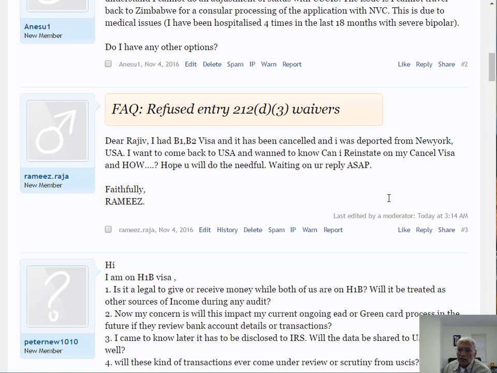This doesn't apply to green cards, only non-immigrant visas. You can apply for the visa, and if you get denied, you can then at the consulate apply for a 212(d)(3) waiver and make the point to the government that the cause for disqualification was inadvertent or is excusable.